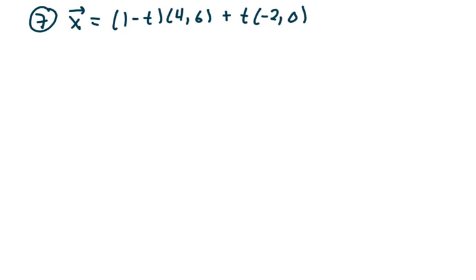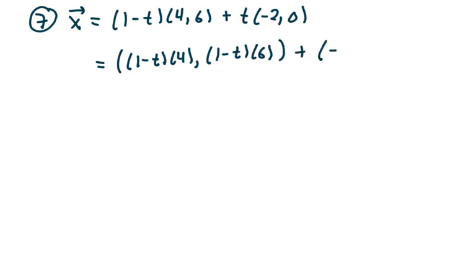Okay? Now, essentially what I'm going to do is combine these and then break it apart. So in other words, I'm going to write this as (1 minus t) times 4, (1 minus t) times 6, plus (negative 2t, 0).